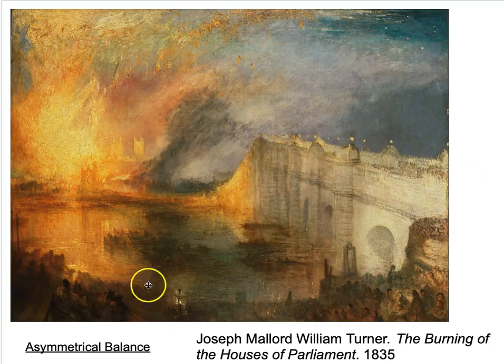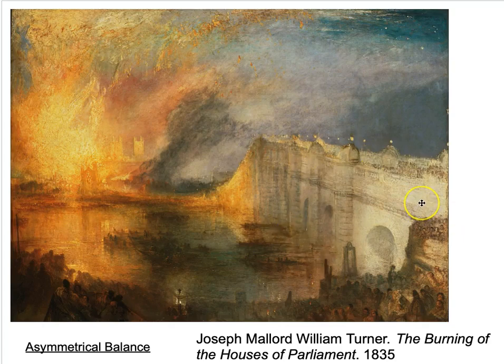Over here, we have some water and we have fire and a little bit of building structure we can see and some smoke, lots of smoke and fire going up. But we don't have anything solid, nothing that would weigh the same as a building. So shape and form wise, we have a lot more weight on this side.